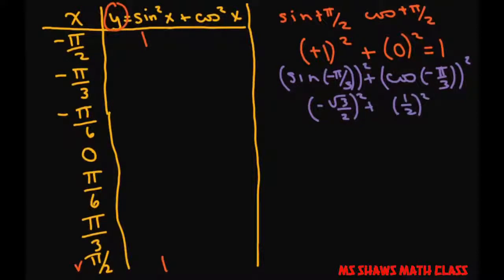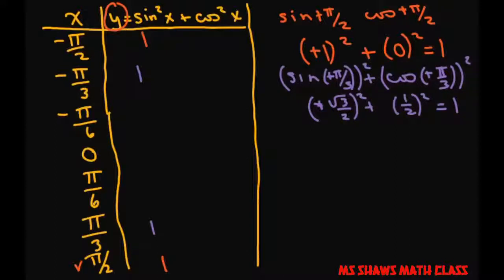And when you square all that out, you get 1. When you put the pluses in here, this part's going to turn positive. And so you get 1 here. So you can see where we're going with this.